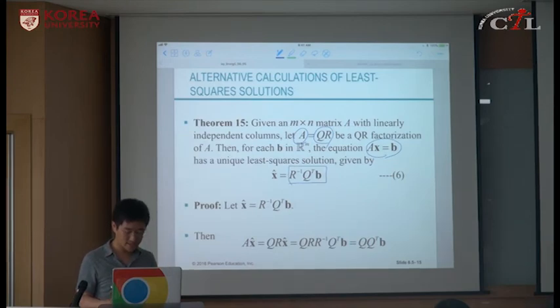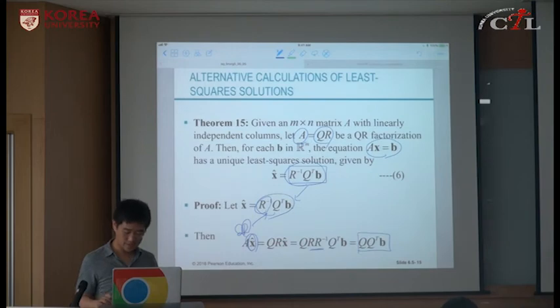Okay, and then we can prove it by just plugging this into this vector x part, with A equal to QR, and this one is the solution. And then if we multiply it, R inverse will be cancelled out, and then we will obtain this, right?